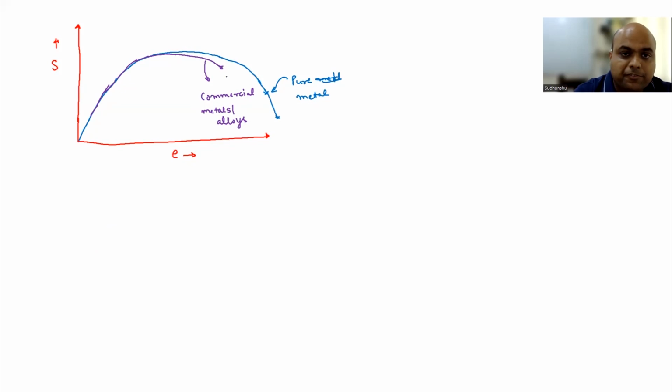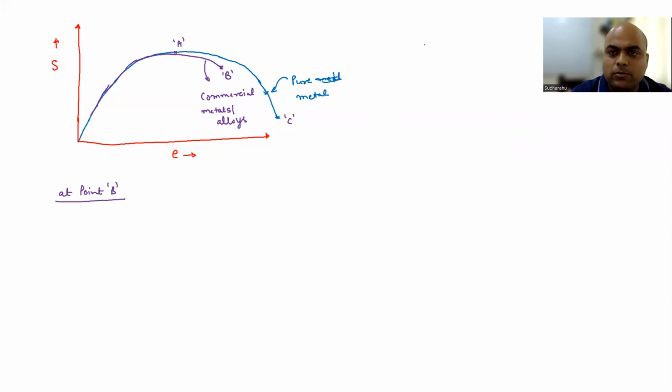If I denote this as point B, this as point C, and here you have point A. About point A, you are going to have necking. I am assuming that necking is taking place in both cases at the same location, just for understanding. Now at point B, how is your sample going to look?